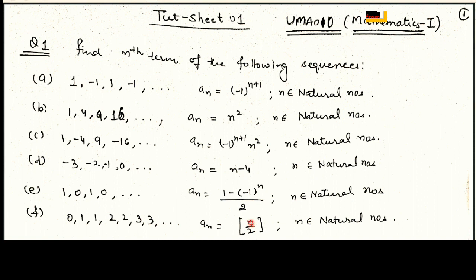When you put n to be 2, you will have the greatest integer of 2 by 2, which is 1. That is your second term. When you put n to be 3, the greatest integer of 3 by 2 is again 1. That is your third term and so on. So in this way we can generate the nth term of the sequence.